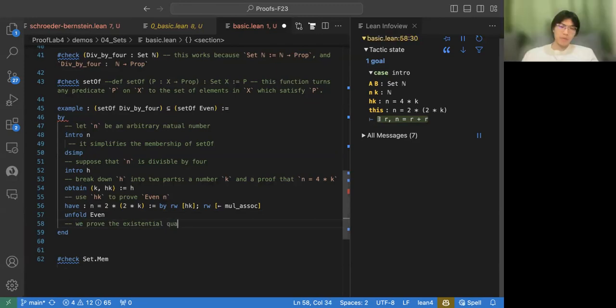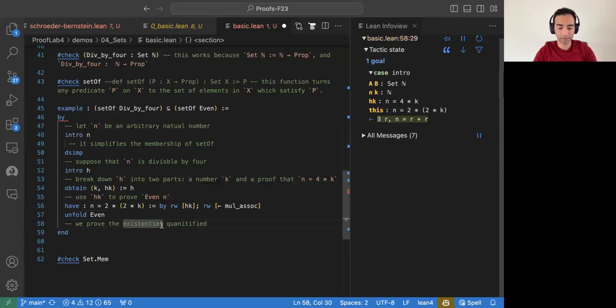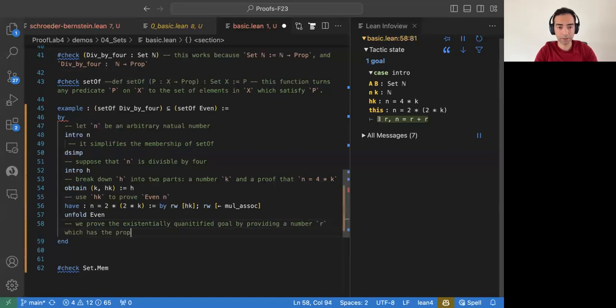We use use. Exactly. So we prove the existentially quantified goal by providing a number r which has the property that n is equal to r plus r. So use what? What is your candidate for r?